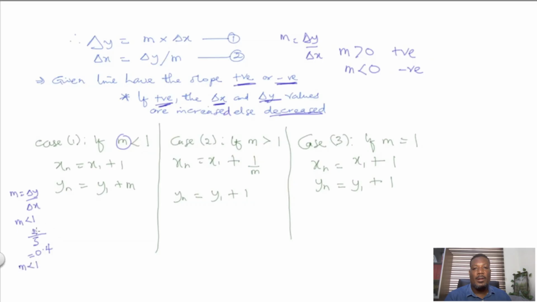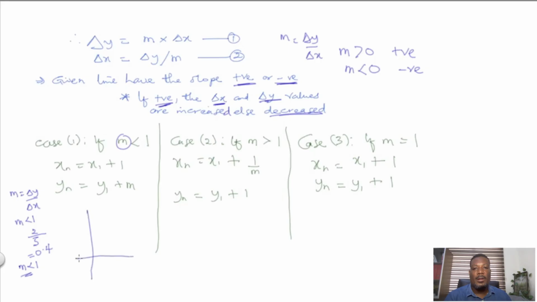By saying this, we mean that whenever the change in y value is less than the change in the x value, we will always get a gradient which is less than 1.